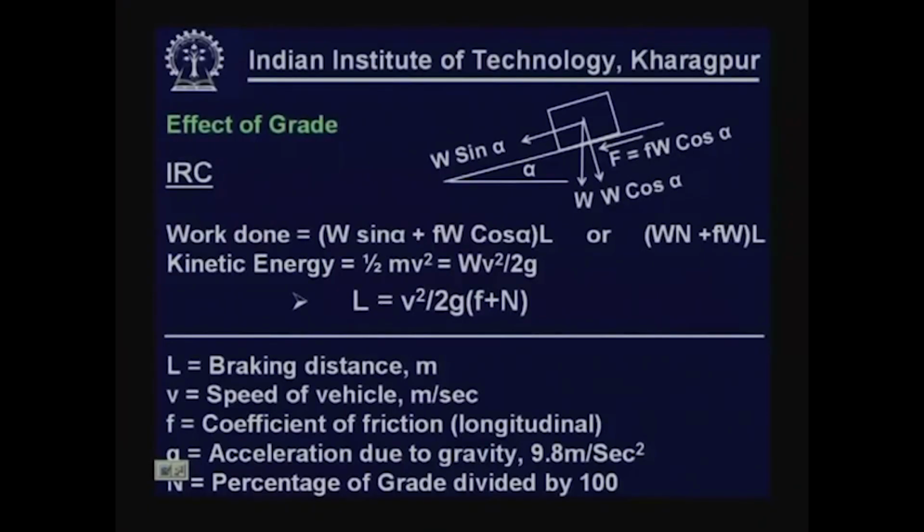Look at this sketch where W is the weight of the vehicle and alpha is the slope. Here if we consider an upward slope, then this weight we can split it into two components, W cos alpha in the perpendicular direction and W sin alpha in the parallel direction.